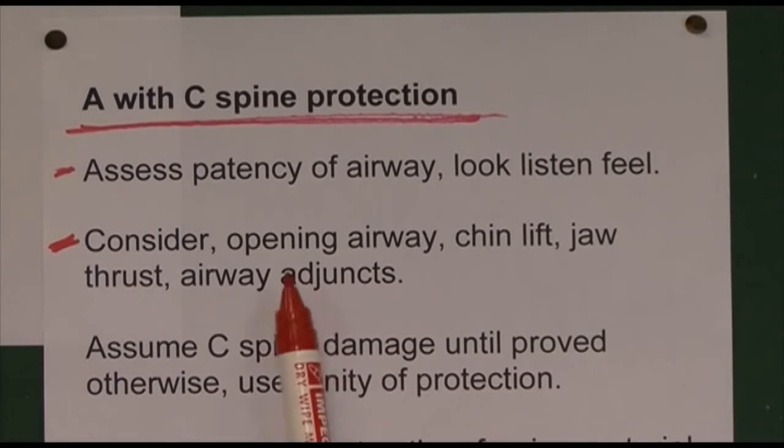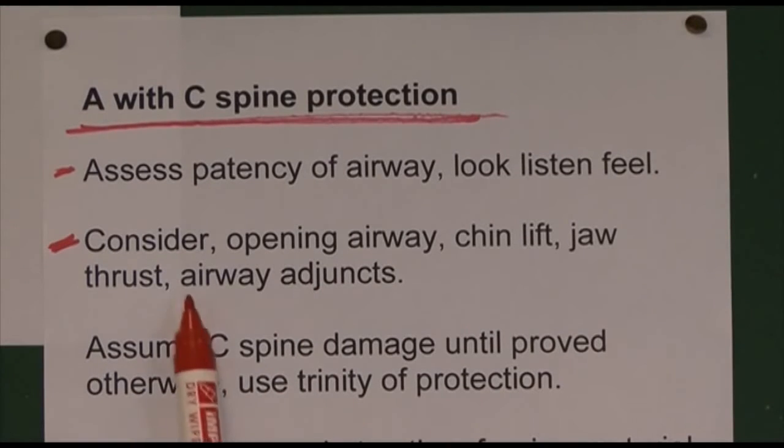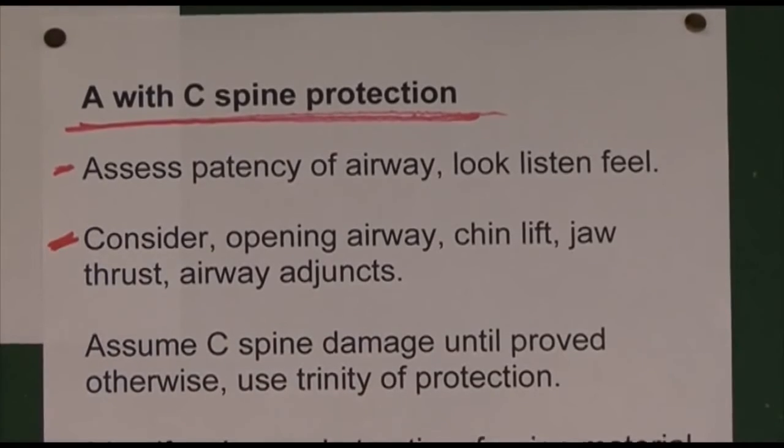But if we want to protect the airway from aspiration, the only airway adjunct that will do that is endotracheal intubation with an inflatable cuff. That will give us a patent airway and airway protection.